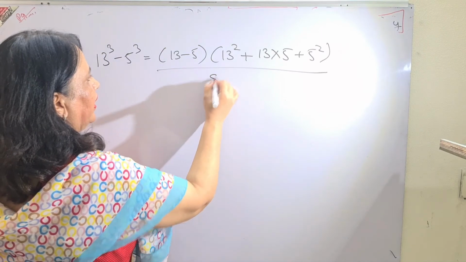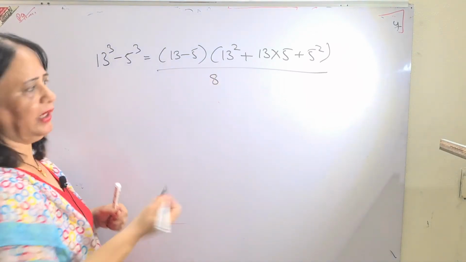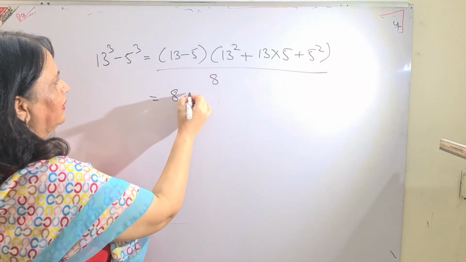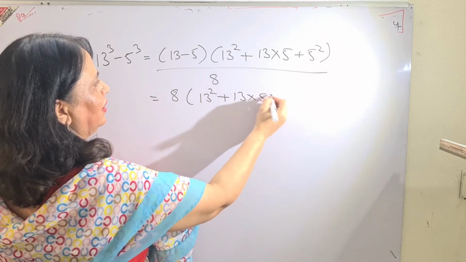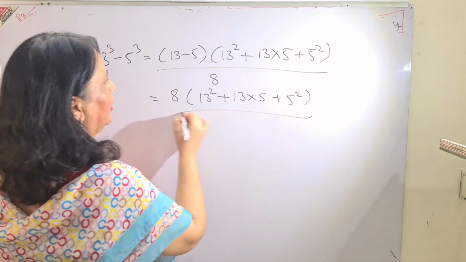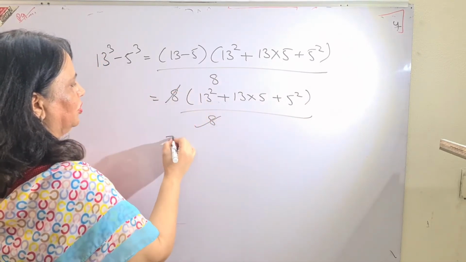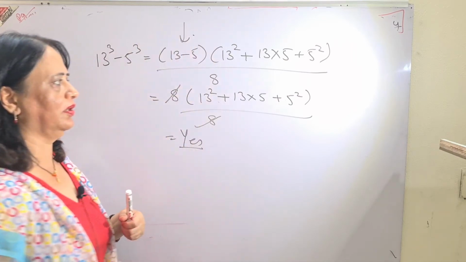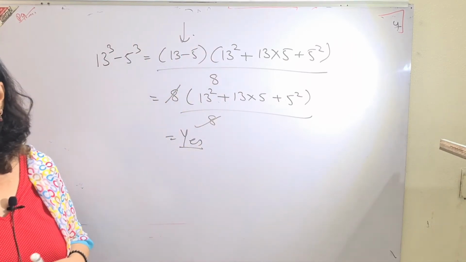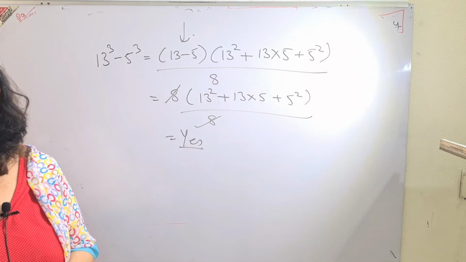They have said divisible by 8, so it is divisible. Don't multiply or divide, just leave the question like this only. 8 is divisible by 8, so you will write yes. Just the application of the formula. Similarly, the second part, that is plus, so you have to put the formula for plus.